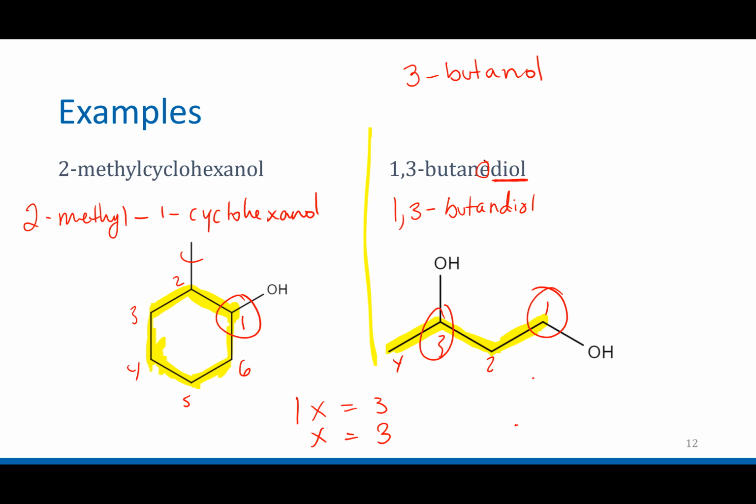It has to do, in English or in IUPAC naming, with the difference between consonants and vowels. So imagine this one, the top one, if I didn't drop the E, 3-butaneol. I'm putting together two vowels, which we don't really like to do in chemistry naming.